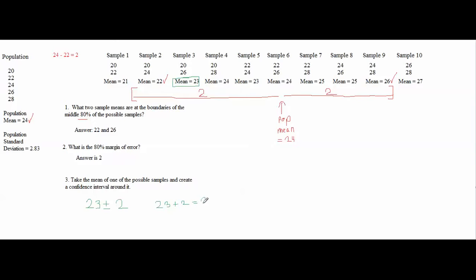And 23 minus 2 is 21. 21 to 25. Our confidence interval is 21 to 25.